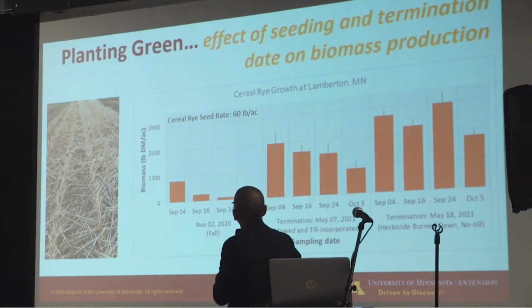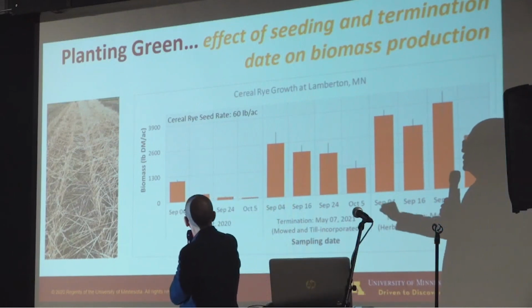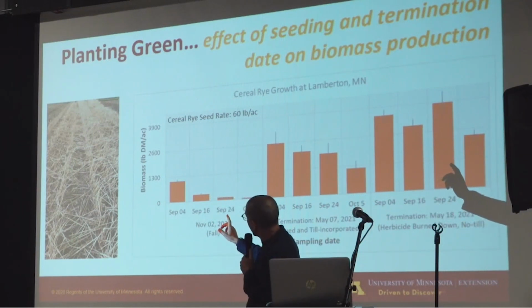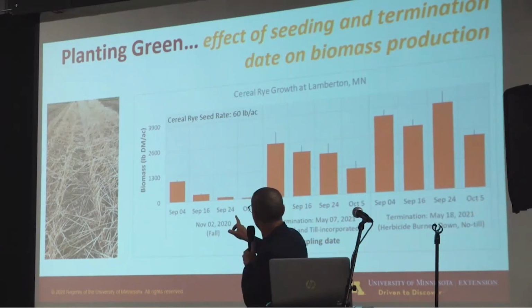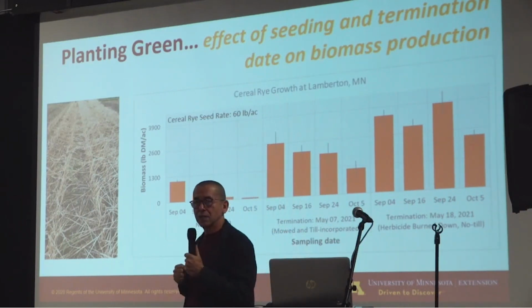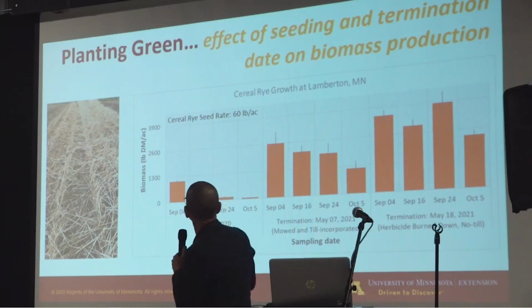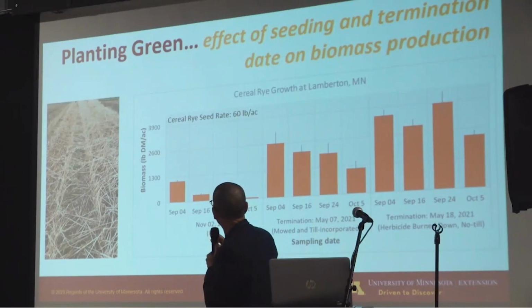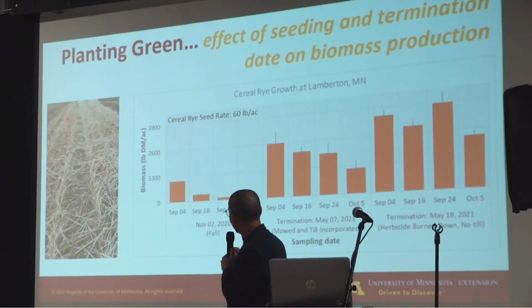First, we have the biomass of the cover crop in the fall. You see, when we planted the cover crop on September the 4th, because we had different planting dates, we produced more than 1,000 pounds of dry matter per acre, okay? It did very well. When we planted on September 16th, it went down to more than half.